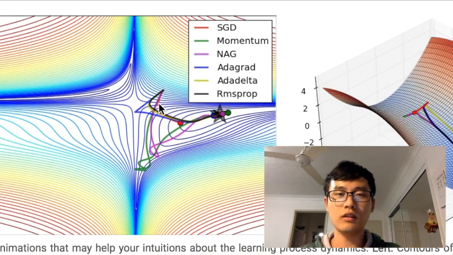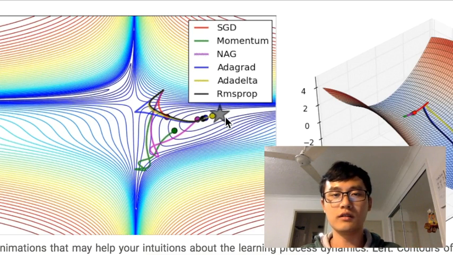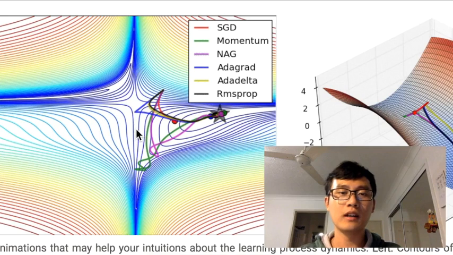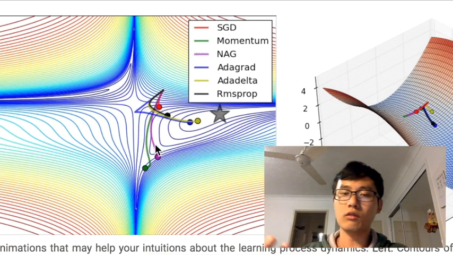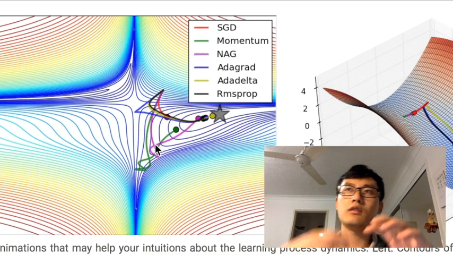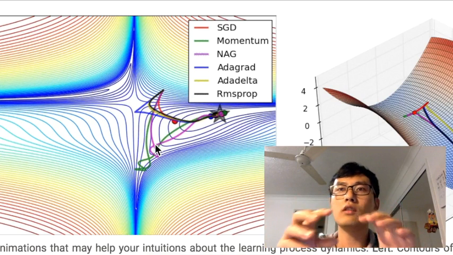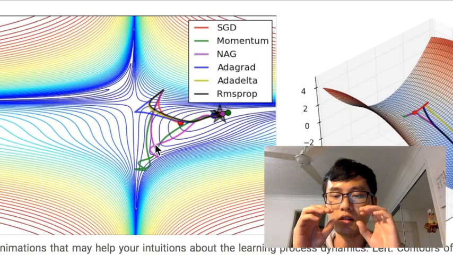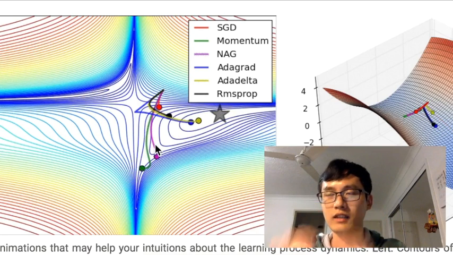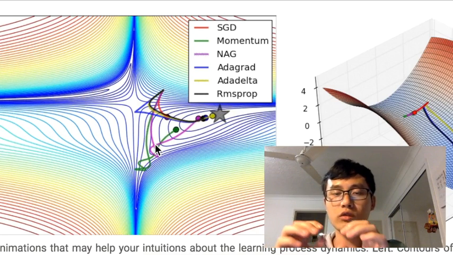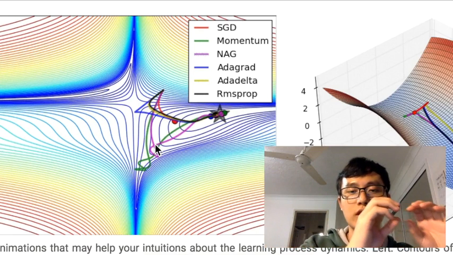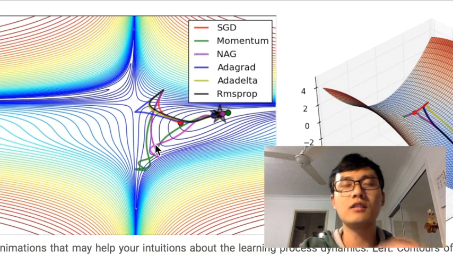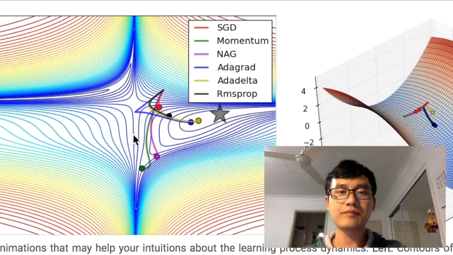Stochastic gradient descent, compared with the others, is very slow to converge to the global minimum. Momentum is based not only on the learning rate at this step, but also considers the learning rates from the last step or last few steps.